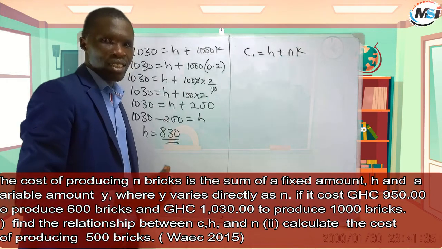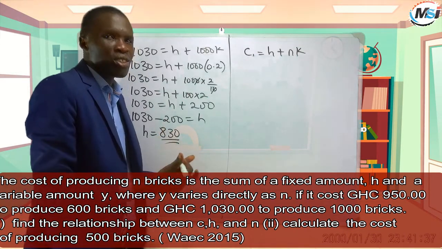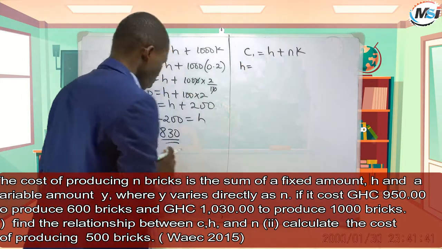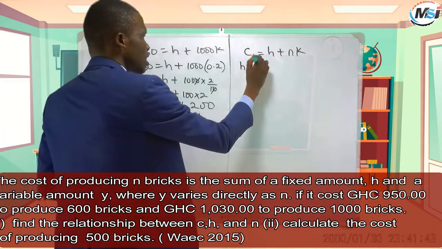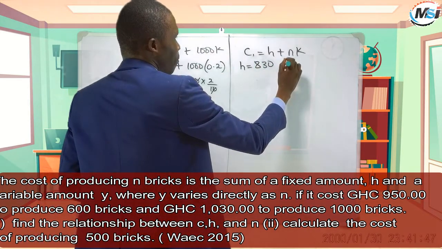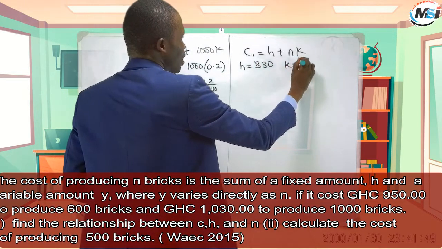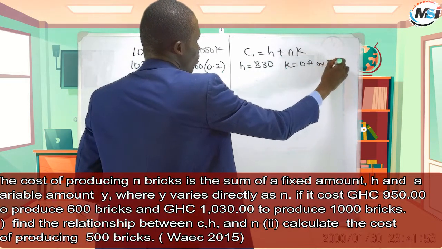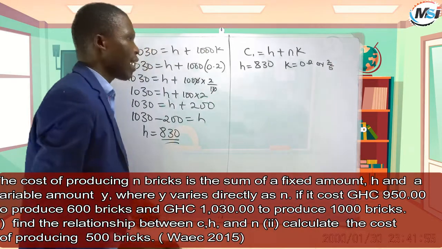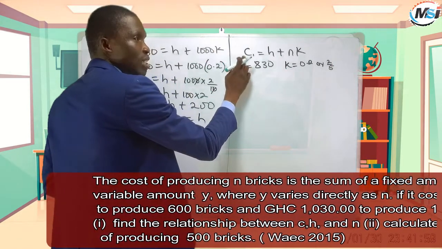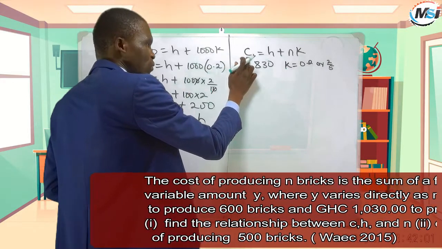To find the cost of producing 500 bricks, you need to understand H. We have 830. Then K, we have 0.2 or 2 all over 5. Then we have C, which is what we are going to find now.